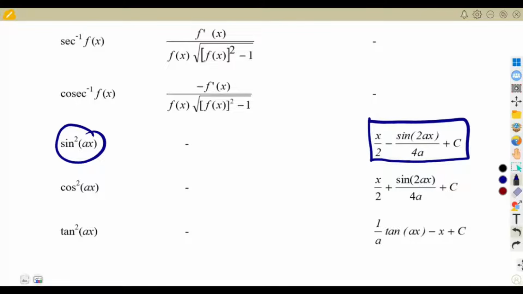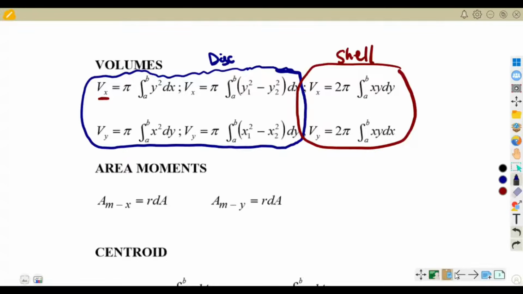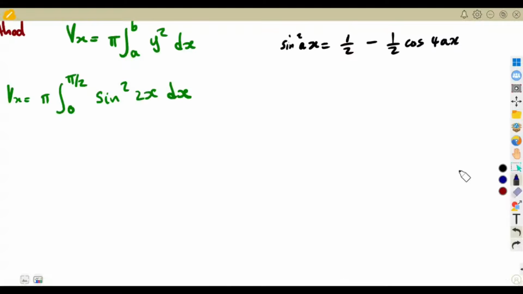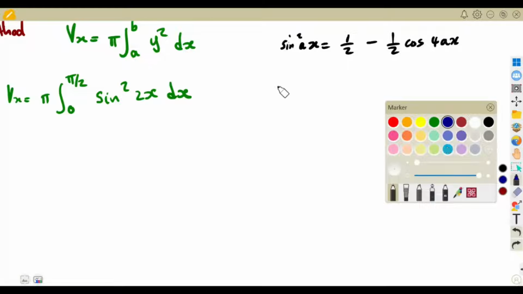Applying this identity is best when it was a sine to the exponent of 4. But for sine squared, I explained on the introduction of our trigonometry that there's no need for us to do that. So here we are going to just apply the integral straight.